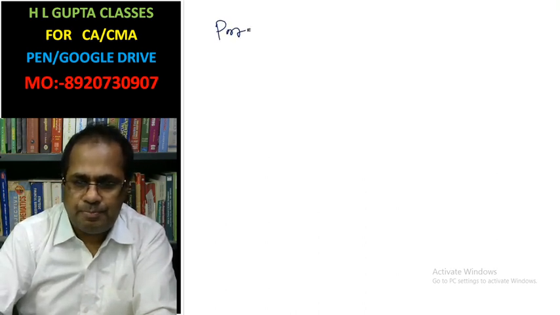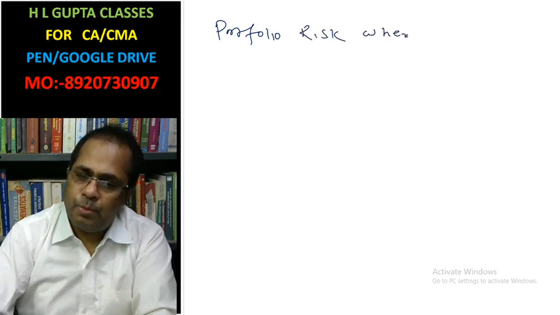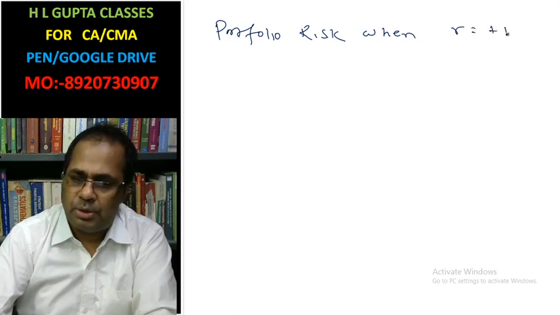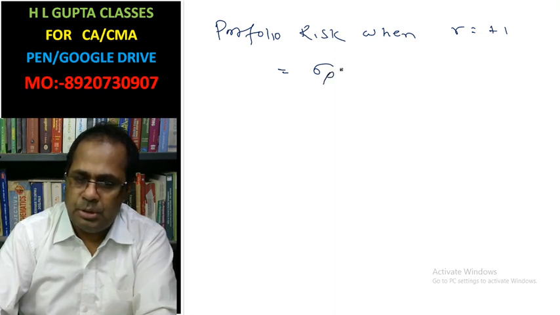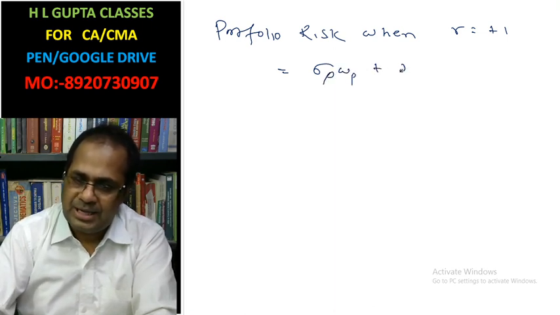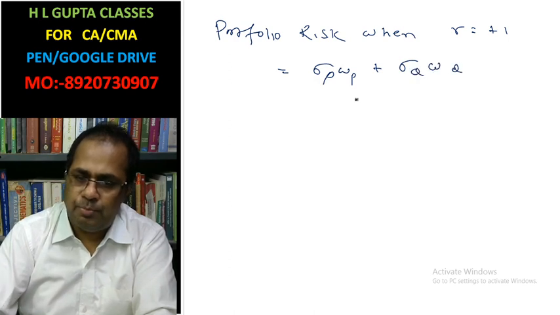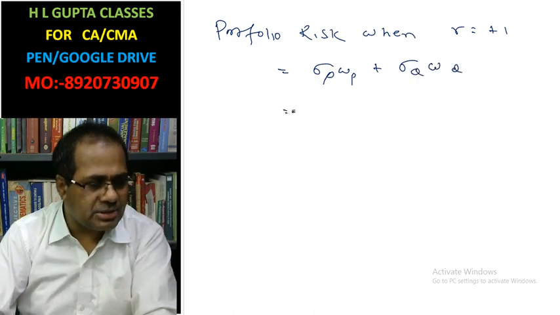Now you have to calculate portfolio risk when R equals +1. In this case, the formula is standard deviation of P times weight P plus standard deviation of Q times weight Q. What is the standard deviation you have?